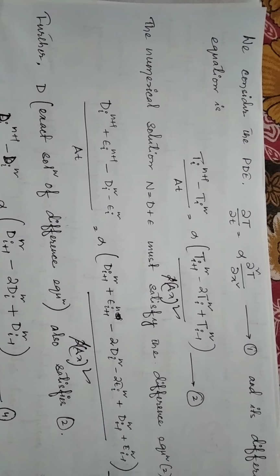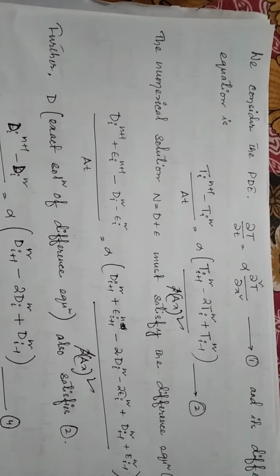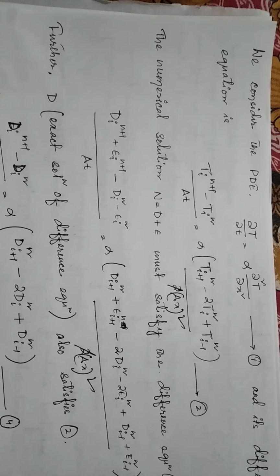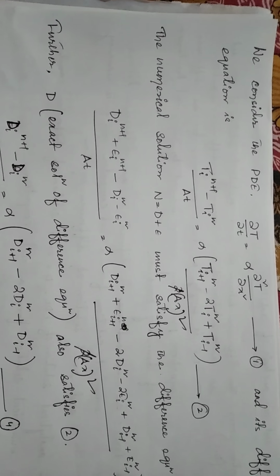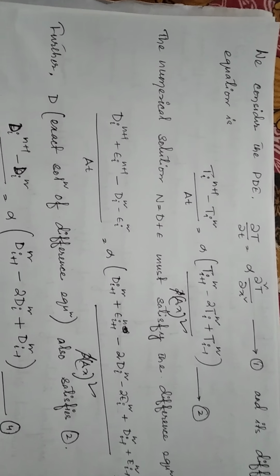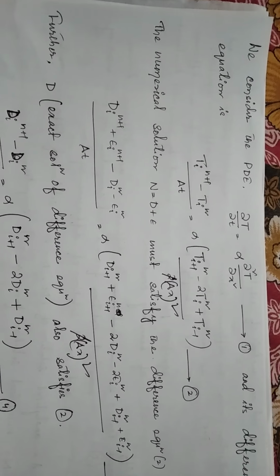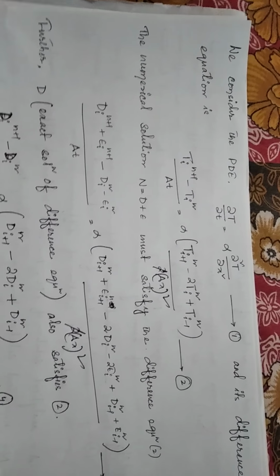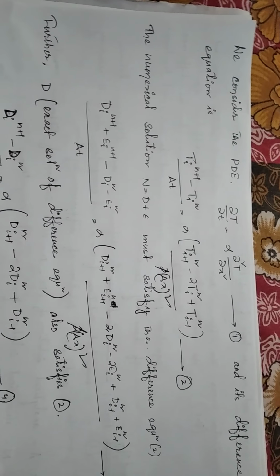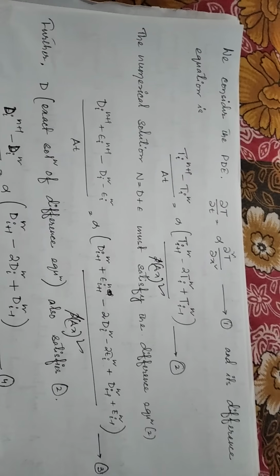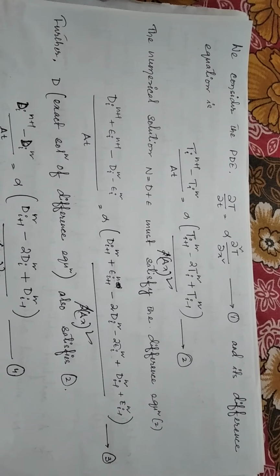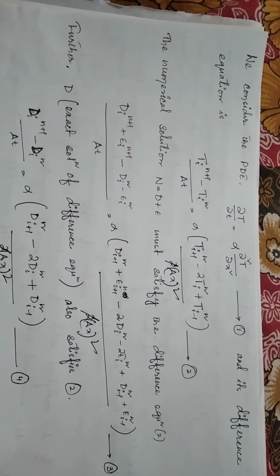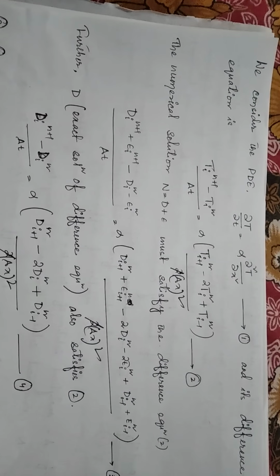This is the numerical solution of the difference equation, which you are solving by the use of a numerical technique. So this N must satisfy the difference equation too, and we get equation number 3, where N is the solution of equation 2.